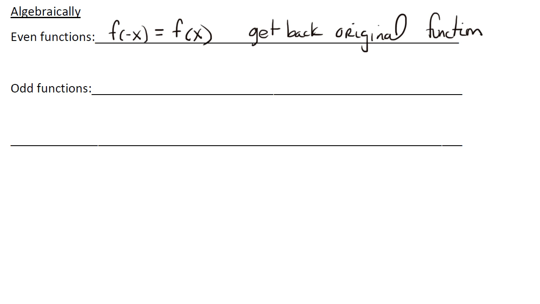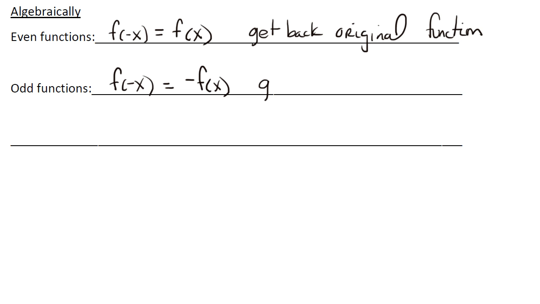And you can see this on the graph. When you plug in a negative value of x, it gives you the same as if you plugged in the positive value of x. You get that parabola looking thing. So for the odd functions though, if you plug in negative x, well, you don't get back the original because then you'd be called an even function. But what happens for our odd function, you get back the opposite.